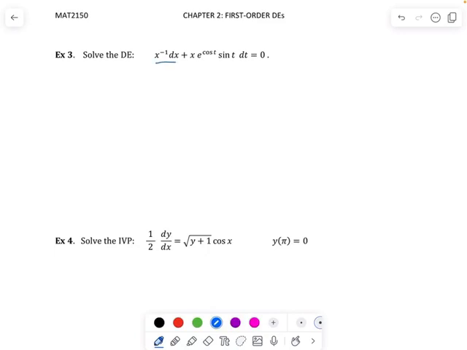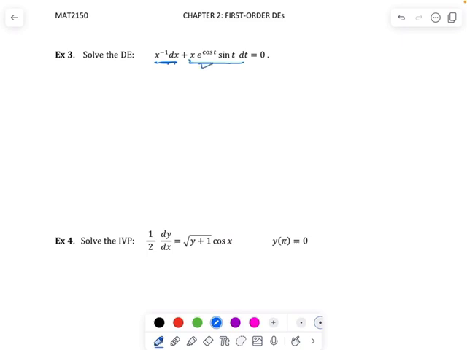Okay, so how do we tackle this problem? Now we have it like this. We cannot factor out the x, because one is 1 over x in the first term, and then we have x in the second term. So how can we find out that it is separable, and how can we solve it? Well, there are two terms in this equation, one with dx and the other with dt.